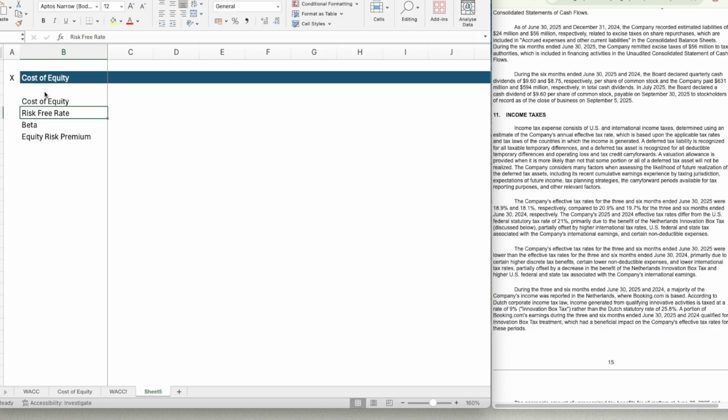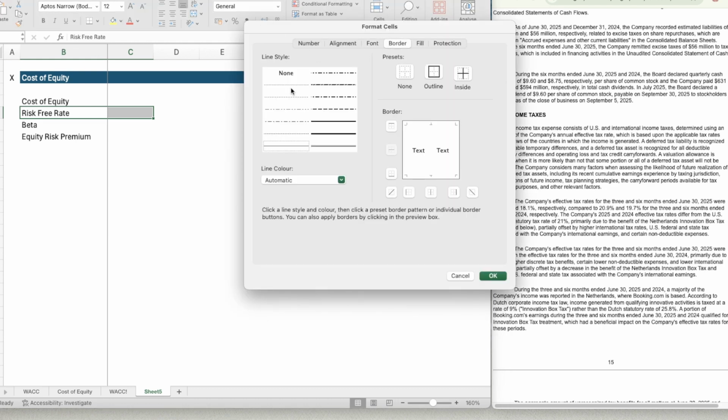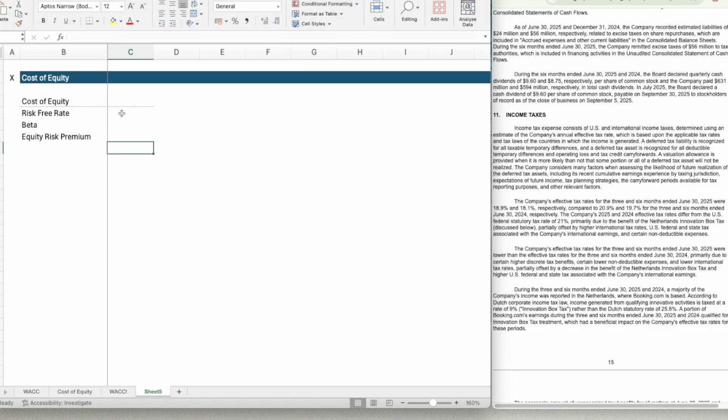This is more an aesthetic thing, really, just to make it look neat, and we can even get this ready on how it will be the risk-free rate plus the beta times the equity risk premium. And as we construct it, this will automatically populate.